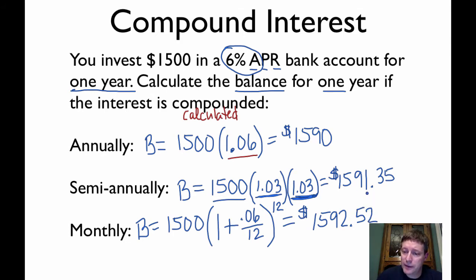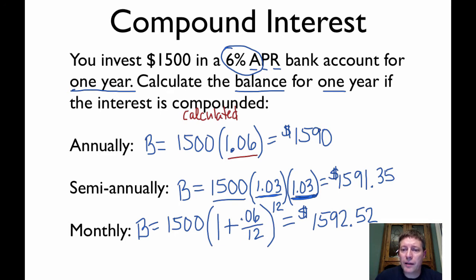In fact, just a little over $1 looks like we gained by going from 2 compoundings a year to 12 compoundings a year. In fact, right here might be a good time to calculate something. Notice that 6% interest, exactly 6% interest, is $90. And that was the name of this interest rate, a 6% interest rate.